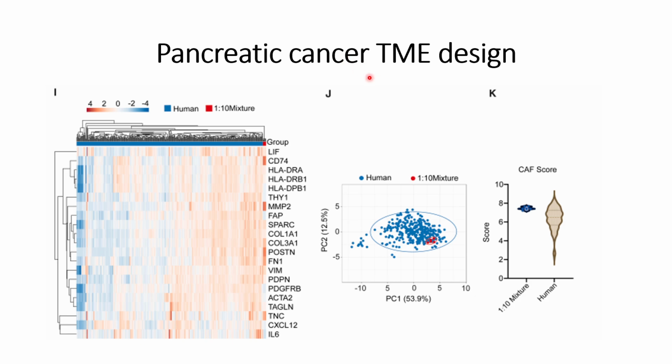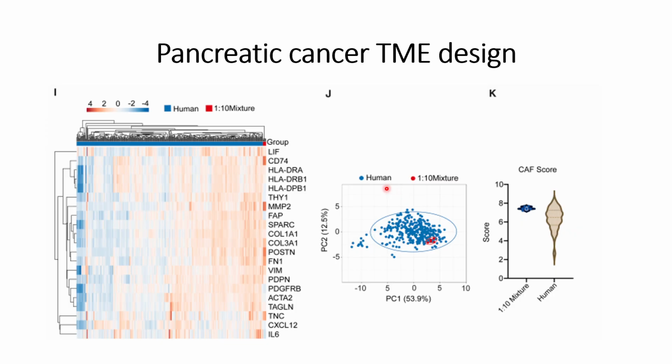So for that, the initial step is to develop a tumor microenvironment that can replicate a TME similar to the human group, which is essential in order to study the effect of the oncolytic herpes simplex virus on this TME.